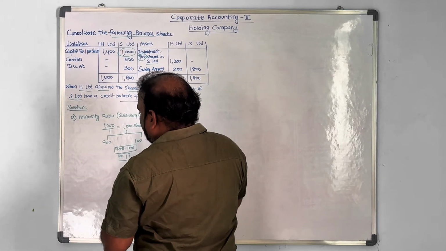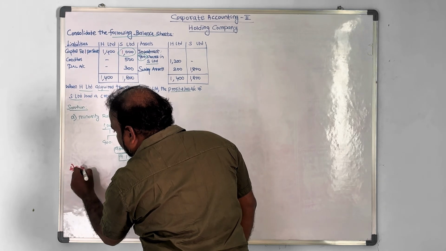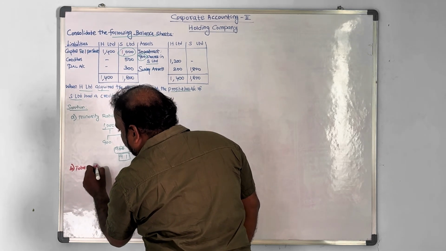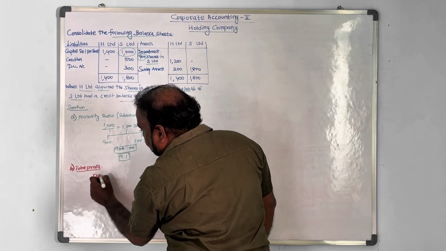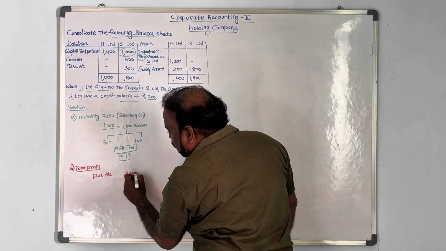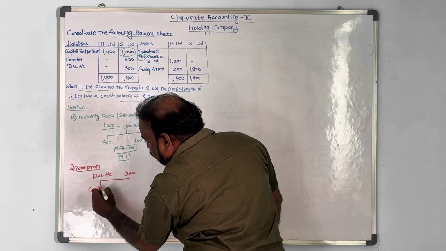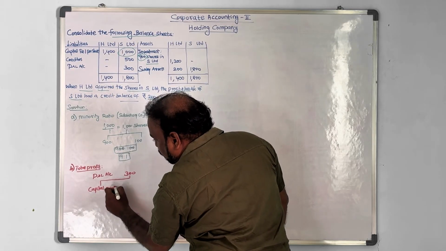Then the second one, we go with total profit. The P&L account is given as 300. Then we need to find out how much is the capital profit and how much is the revenue profit.